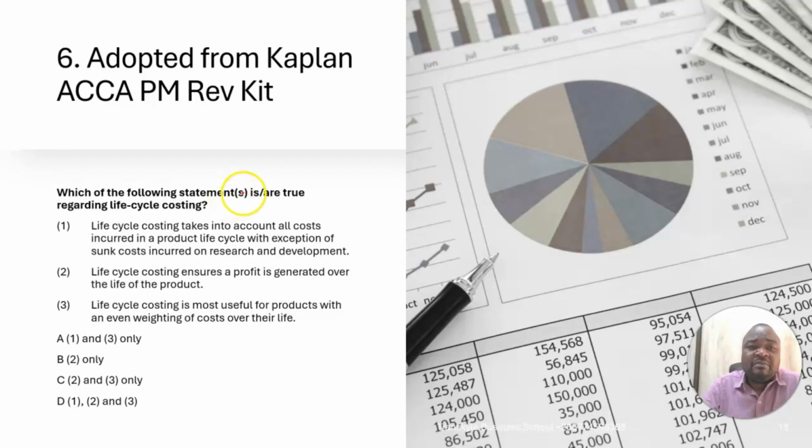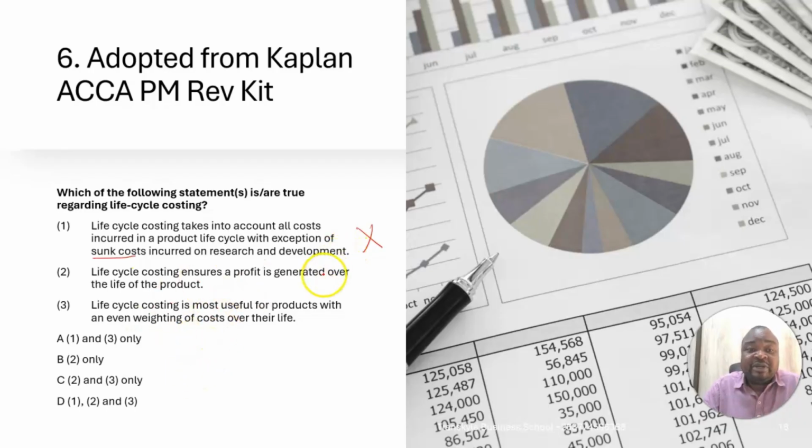Then how come this statement is saying that those costs have to be ignored? Do not be hoodwinked by this term, sunk costs. In life cycle costing, the pre-launch phase costs are also going to be considered. So this one is not correct. Those costs have to be considered. They are very, very important.